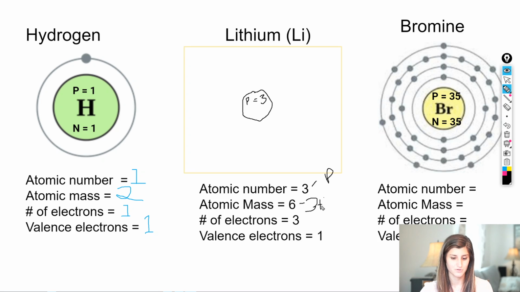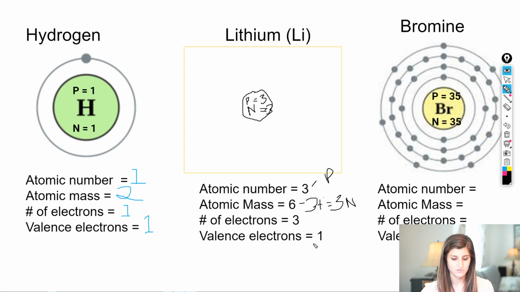So 6 minus the 3 protons is going to give me 3 neutrons. So N is going to be equal to 3. And from these examples you can see that the number of neutrons and protons equal each other. That is not always the case. These examples are showing that they do equal each other, but the protons and neutrons don't always equal each other.